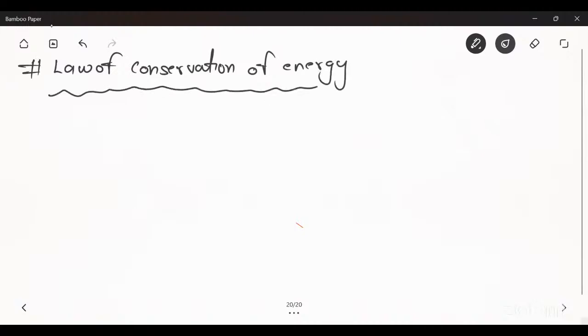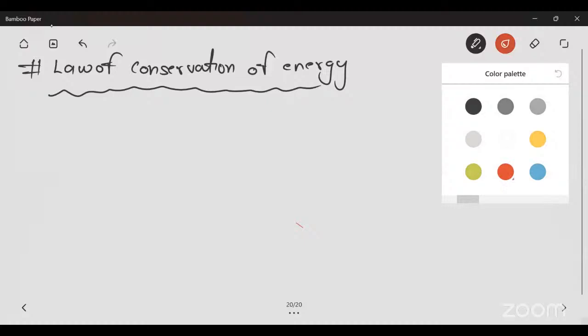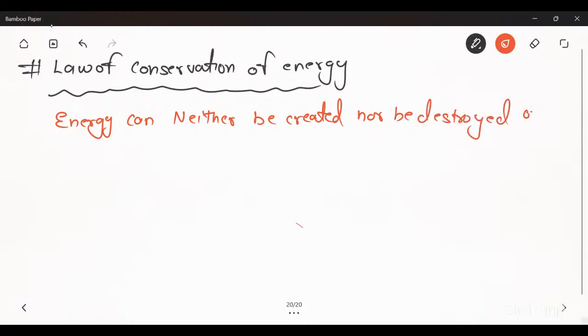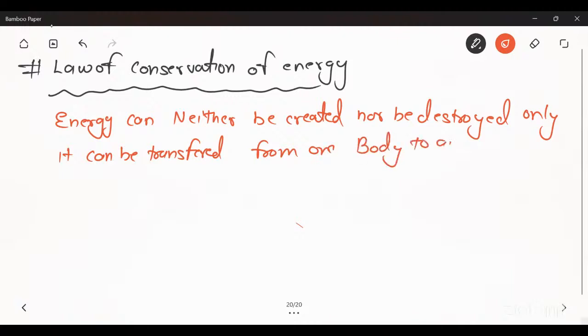It states that energy can neither be created nor be destroyed. Only it can be transferred from one body to another body.